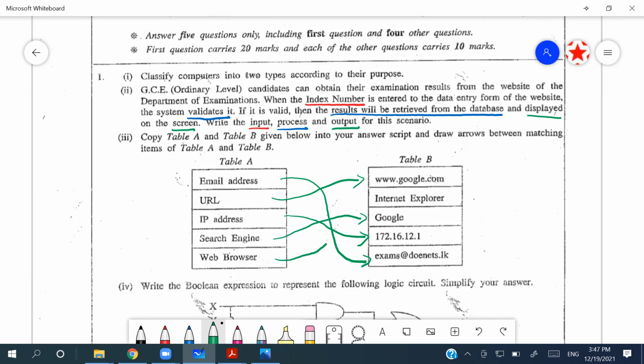Web browser, Internet Explorer. Right? So if everything is correct, 2 marks. Any one wrong, reduce 0.5. So each and every part is going to take 2 marks, people.